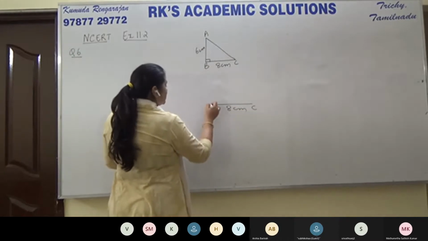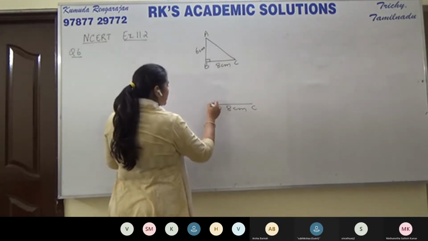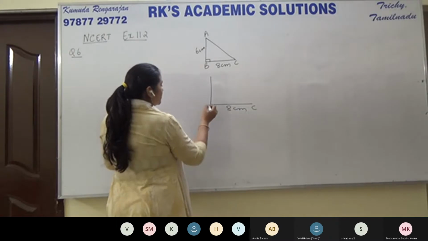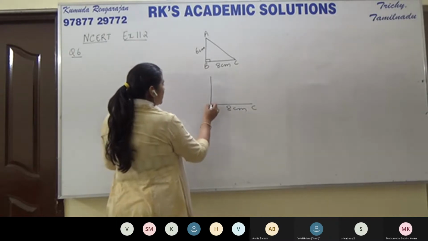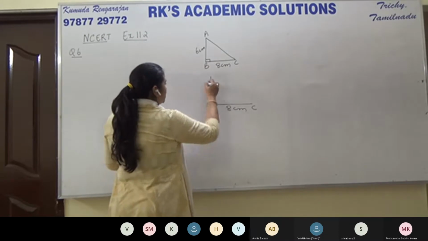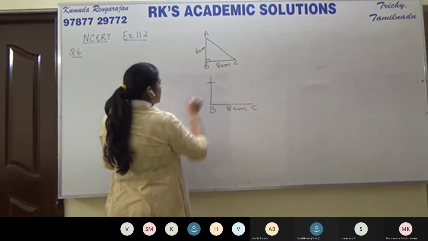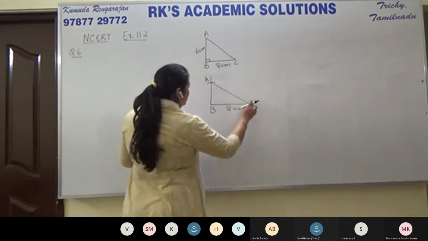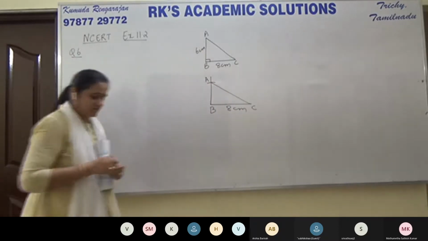Then at B, construct 90 degrees, and then put your compass here, and with radius 6 centimeters, cut an arc. Call that point A and join AC. This will be the required triangle. Do this.